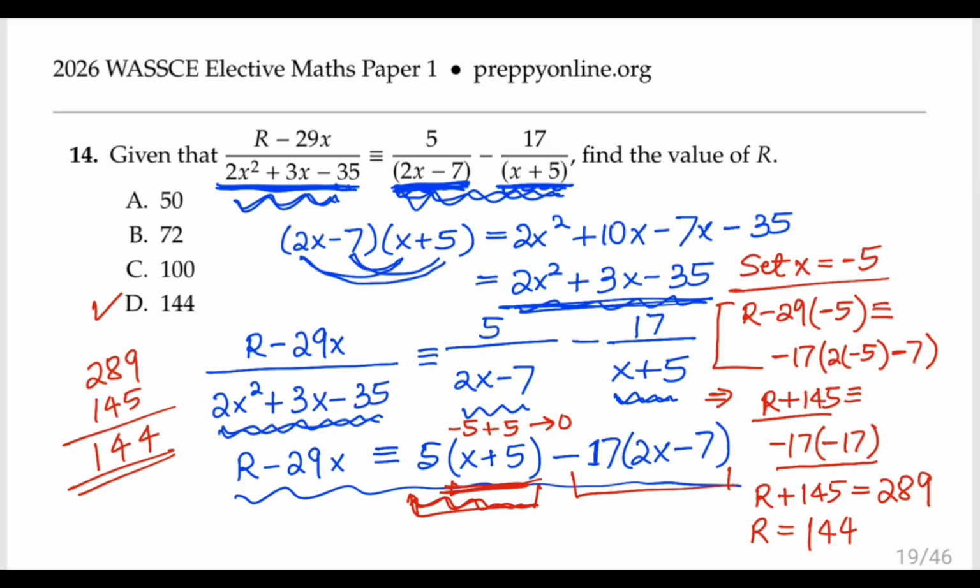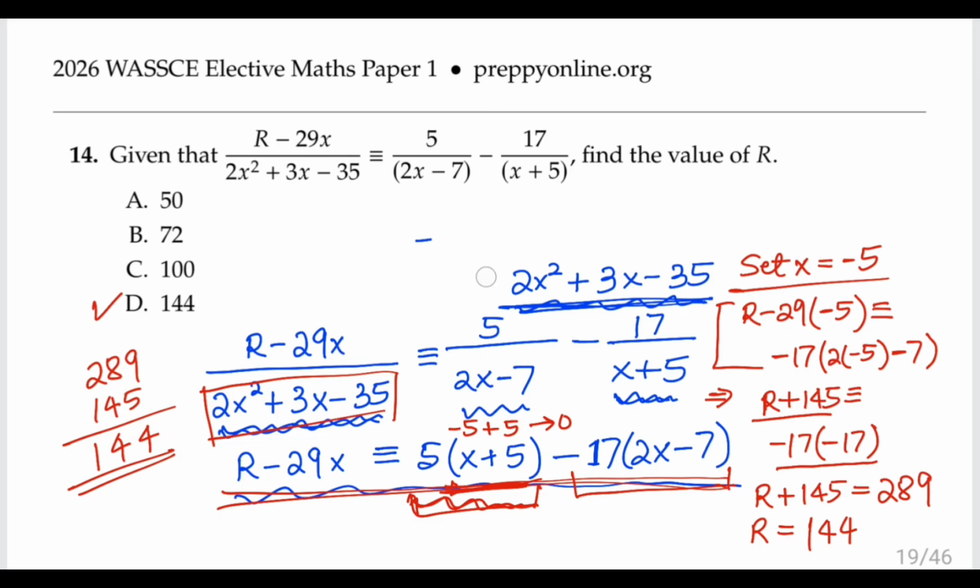One of them is, instead of multiplying both sides by this, so that we get this new equivalence, you can do the substitution directly without doing that simplification. Let me explain a little bit what I mean by that.